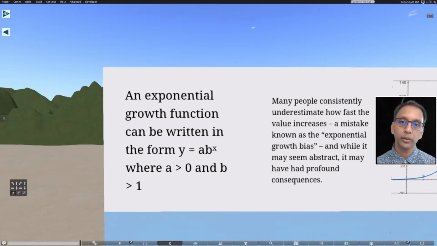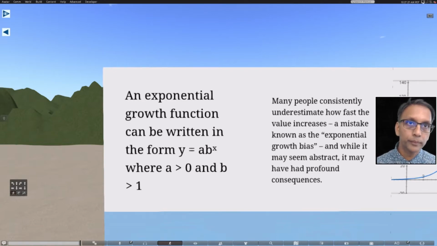An exponential growth function can be written in the form y = ab^x, where a is greater than 0 and b is greater than 1. So if a is positive and if b is greater than 1, then y = ab^x is an example of a growth function, okay, that is exponential.